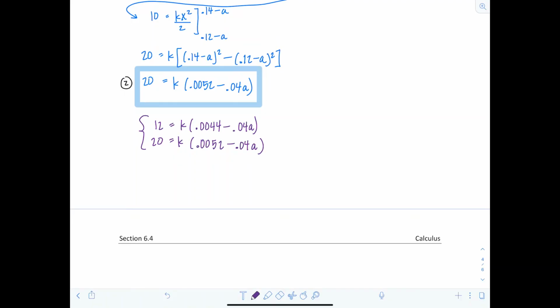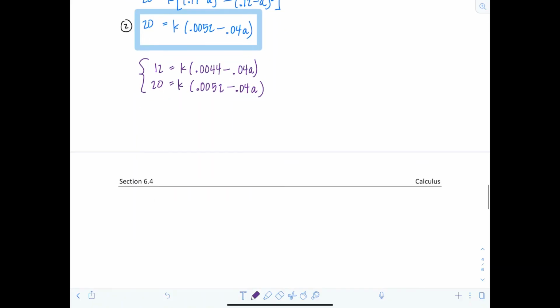So let's rewrite these guys down below as 20 equals k times 0.0052 minus 0.04a, and then I'm going to divide it by the second equation, 12 divided by k times 0.0044 minus 0.04a.